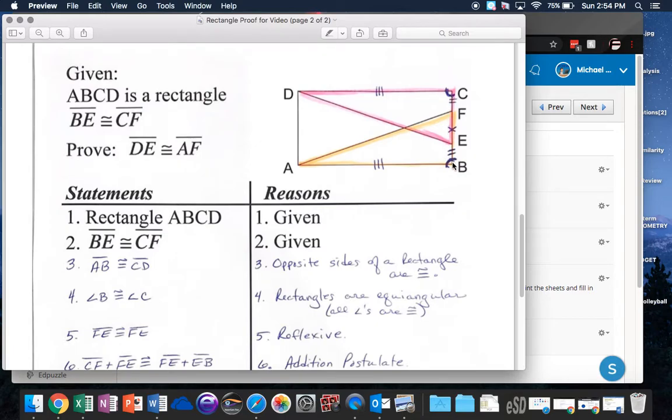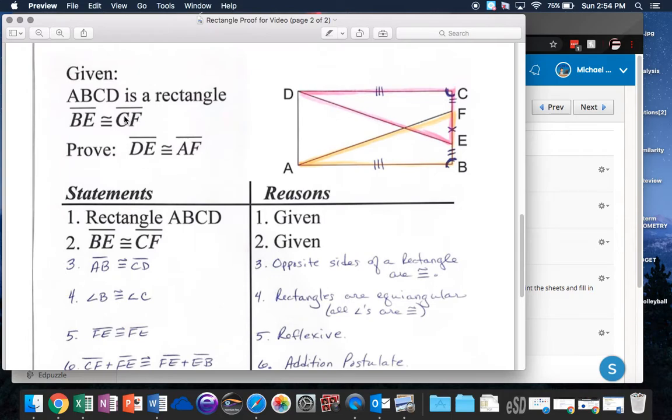Those are 2 of the angles of a rectangle. Rectangles are equiangular, so you know that all the angles are congruent. You could have instead gone the route and said angle B and angle C are right angles because all the angles of a rectangle are right angles and then all right angles are congruent. You could have done that, but it's just easier to streamline it and go right to, boom, equiangular.